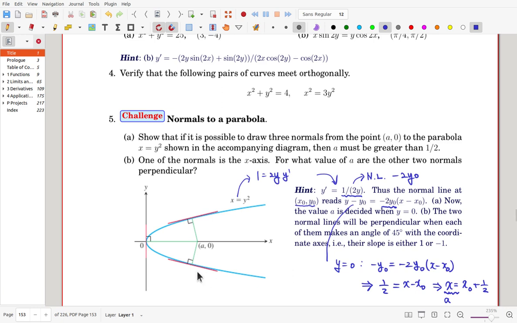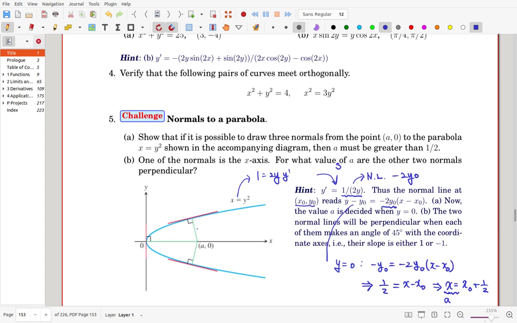And for part B, it is asking for what values of a the other two normals are perpendicular. That means these two become perpendicular.